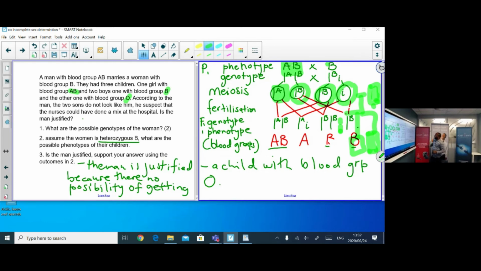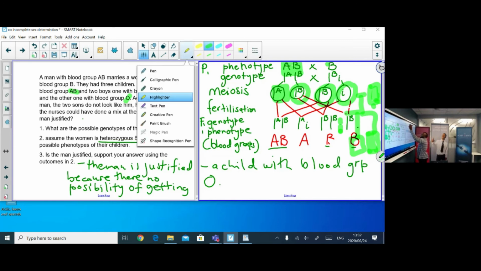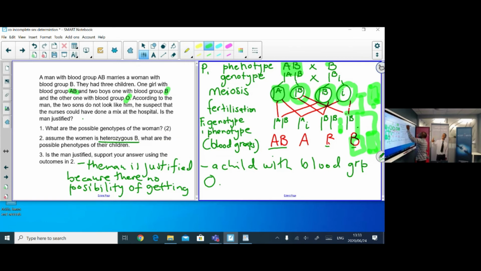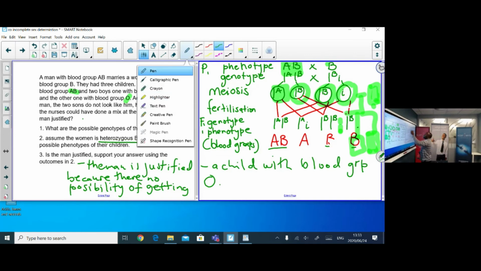Wonderful. Practice makes perfect, as they always say. So challenge yourselves. Go and do more problems from your past exam papers on problems involving multiple alleles, an example being blood groups.